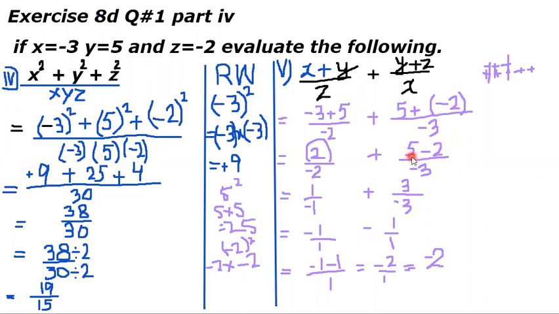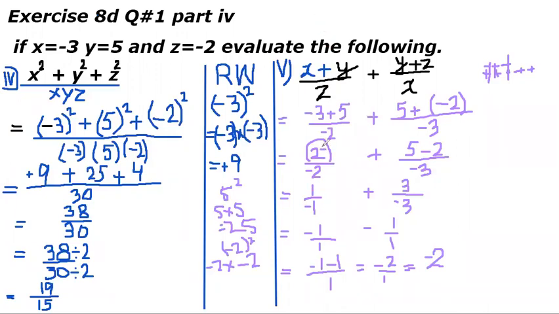Okay, now in the next step, let's check what we have done. 2 upon minus 2 gives us 1 upon minus 1. Okay, students, how is 2 upon minus 2 equal to 1 upon minus 1? We have changed this fraction into its lowest term. How?